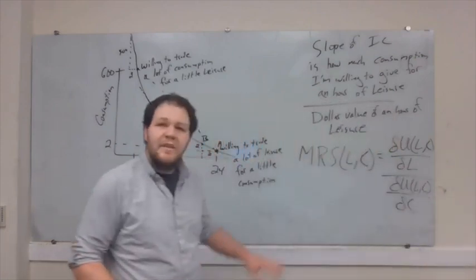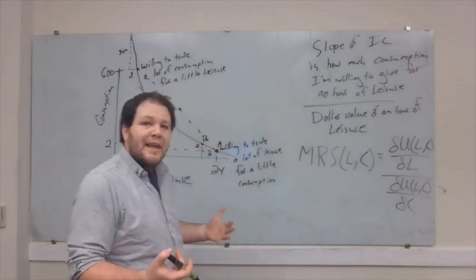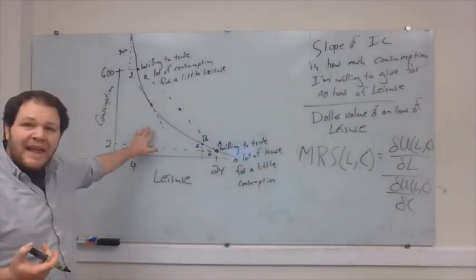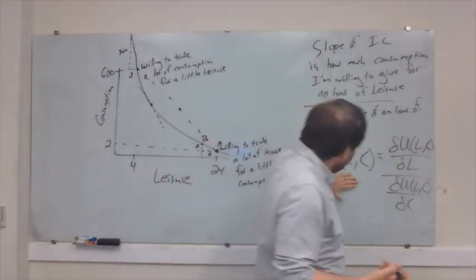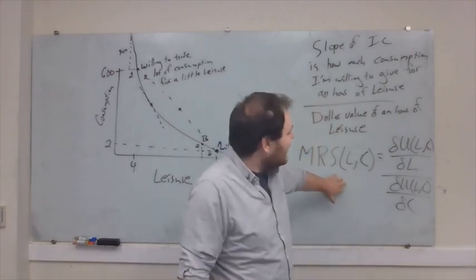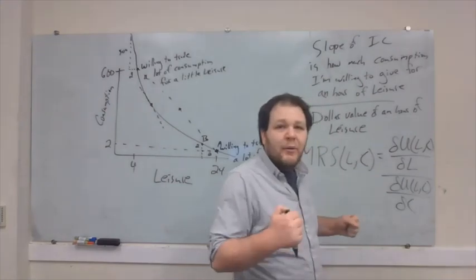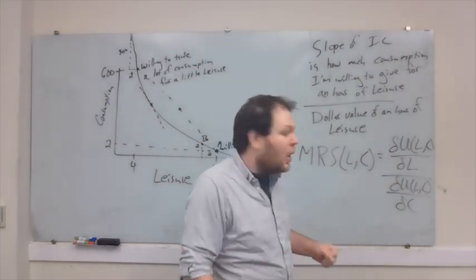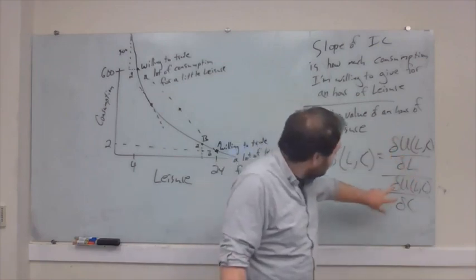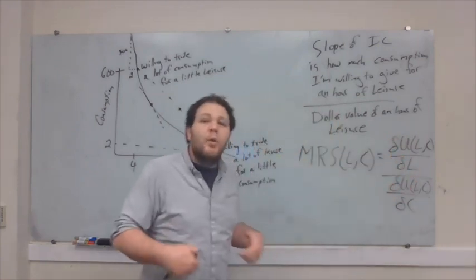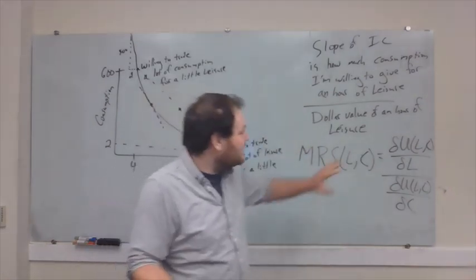This makes sense? So we're saying the amount of consumption I'm willing to give up for an hour of leisure is the same as the dollar value to me of that hour of leisure. The amount that hour of leisure is worth to me in terms of dollars. And that's going to be calculated by saying, how much utility do I get for an incremental bit of leisure compared to how much utility do I get for an incremental unit of consumption? The more valuable leisure is, the more consumption I'm willing to give up. The more valuable consumption is to me, the less consumption I'm willing to give up to get an hour of leisure. Okay.